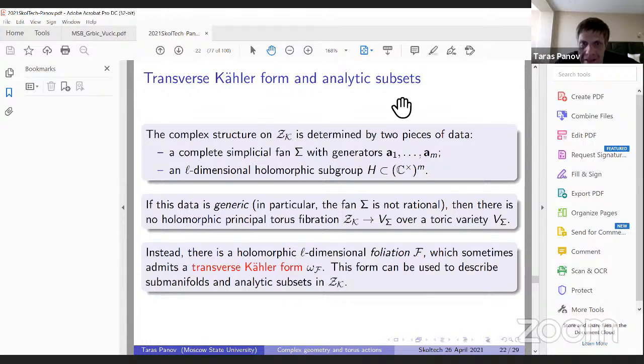We haven't looked at the precise relationship of this particular study with integrable systems, but we have looked at something related. There is another aspect, finding Lagrangian submanifolds in toric varieties, and there you can look at some special integrable systems related to that. But as you say, this system is not integrable because the dimension of the torus is very big.